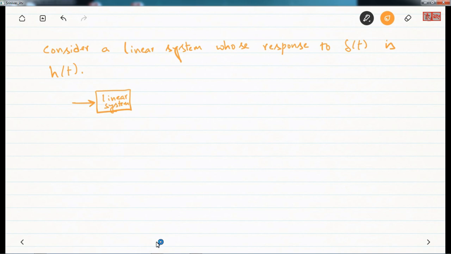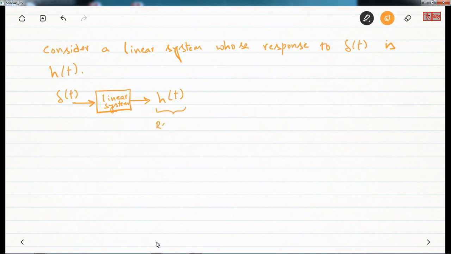So there is a linear system, and if I give the input as a unit impulse, I'll get the output as some other signal h of t, right? So h of t is the response to the unit impulse.